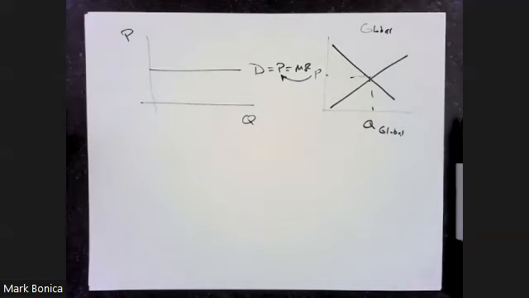But that quantity is so big that you can sell as much as you can produce into that market at that fixed price. But your actions can't affect the price.